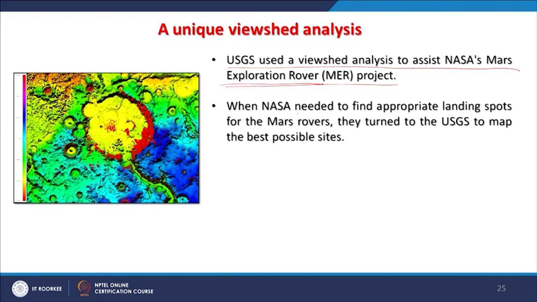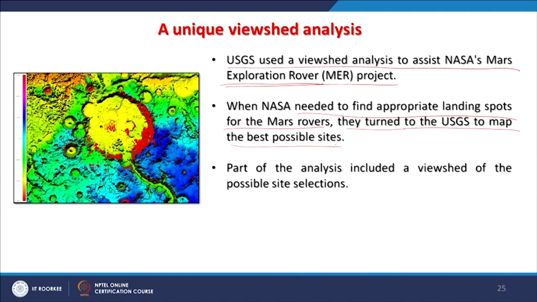NASA needed to find the appropriate landing spot for the Mars rovers, and they turned to the USGS map for the best possible sites, these digital elevation models, and of course satellite images. Part of the analysis included a viewshed of the possible site selection, because the surface of Mars is pitted with impact craters, like the surface of the Moon.